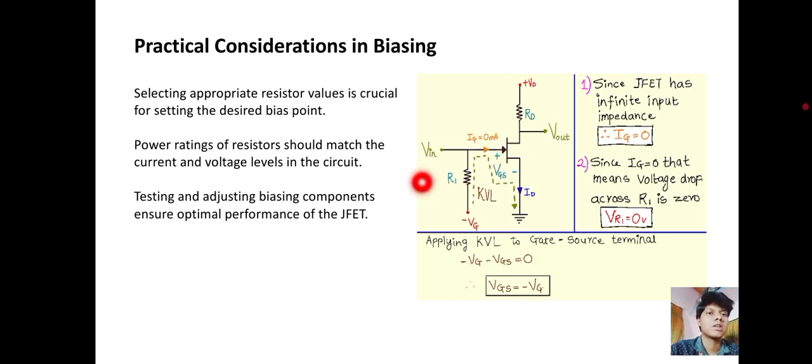Applying KVL to the gate-source loop: minus VG minus VGS equals 0, so VGS equals minus VG. Since the JFET has infinite input impedance, IG equals 0. Since IG equals 0, the voltage drop across R1 is 0, VR1 equals 0.